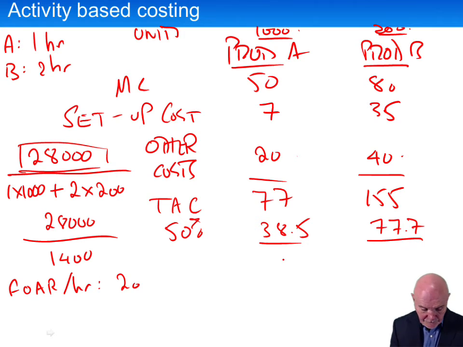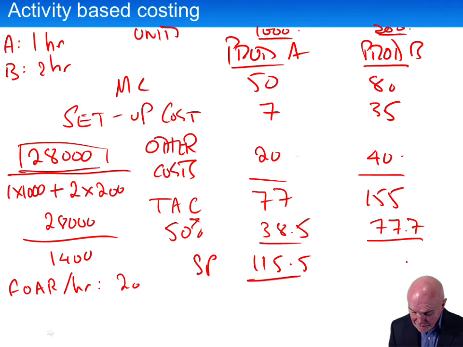So we're going to end up here with costs of 5, 5, and 1. It's a selling price rather. And over here, that should be 0.5.